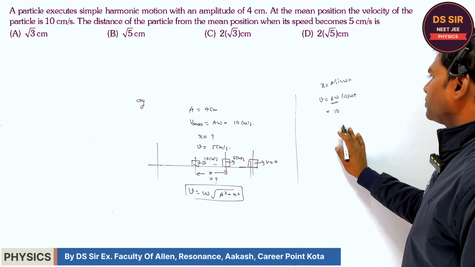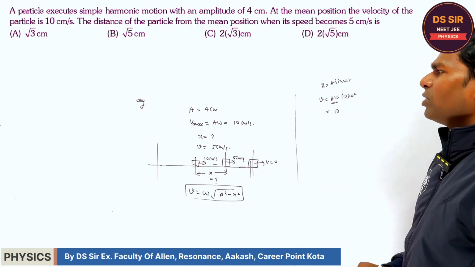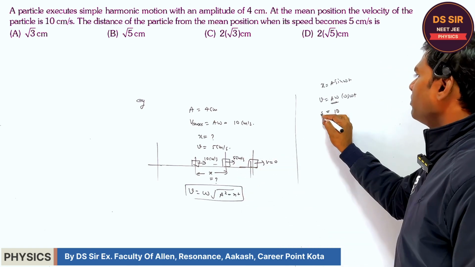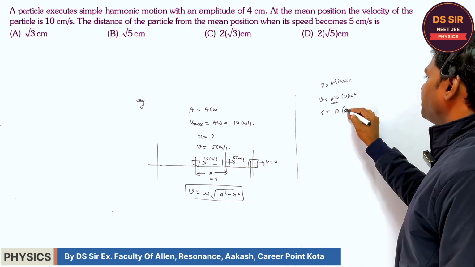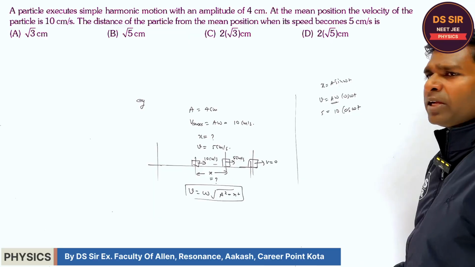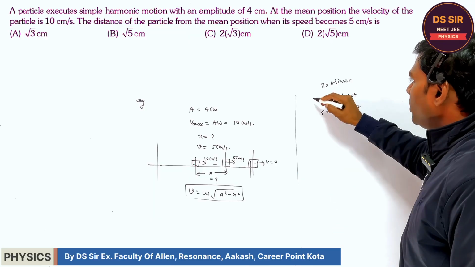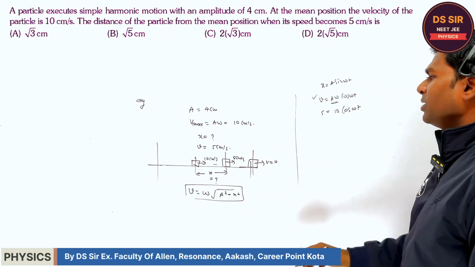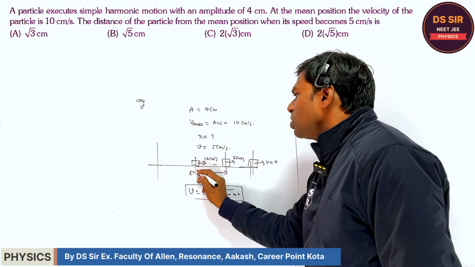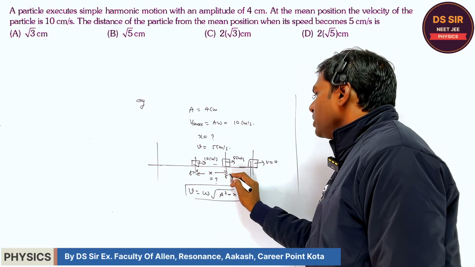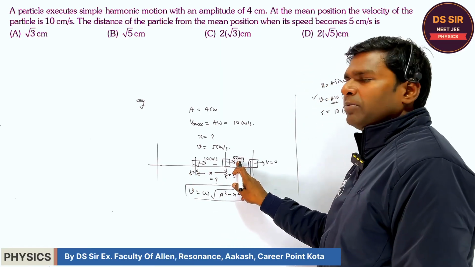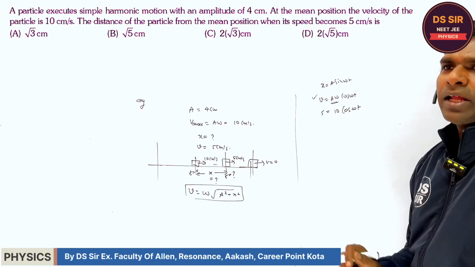Say 10. What is the velocity? It becomes 5. Can you find the value of the time t? We know the velocity 5 centimeter per second. Suppose it is at t is equal to 0 and after time t its velocity becomes 5 centimeter per second. So we have to find the time.